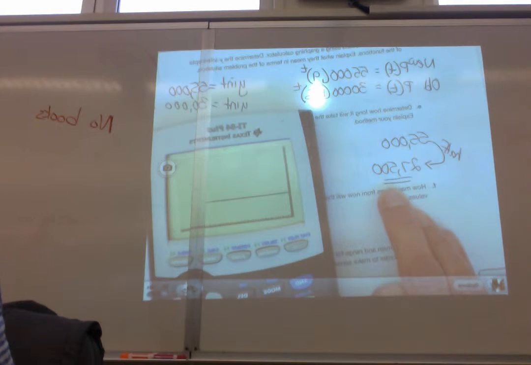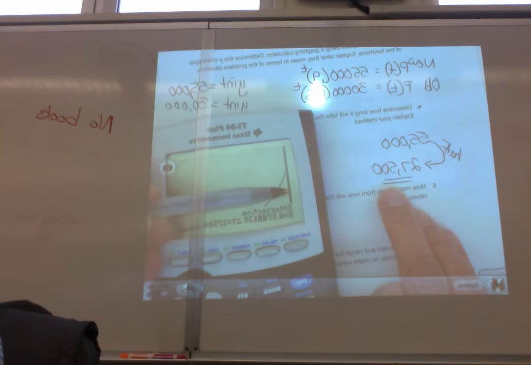Gentleman in the back. Okay. Oscar's hiding and Brian's laughing. First curve, enter. Second curve, enter. Guess, enter. So this is the 27,500, which is half of the original value.